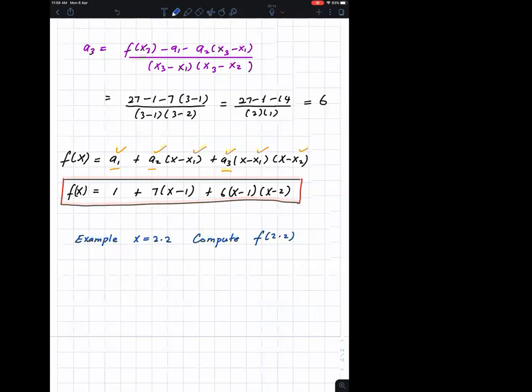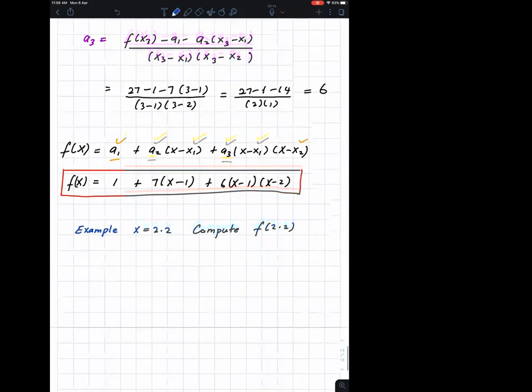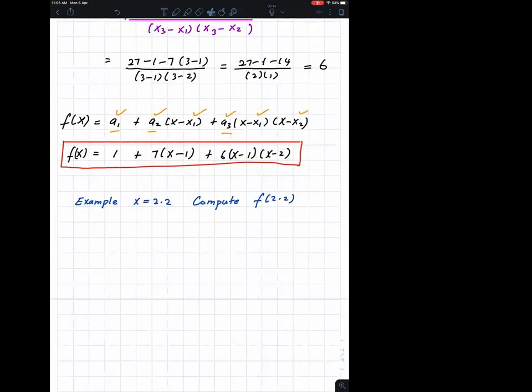All you have to do is plug in x is 2.2 in this equation.